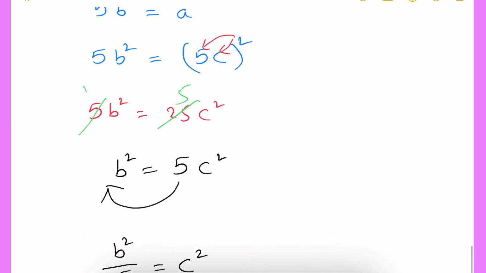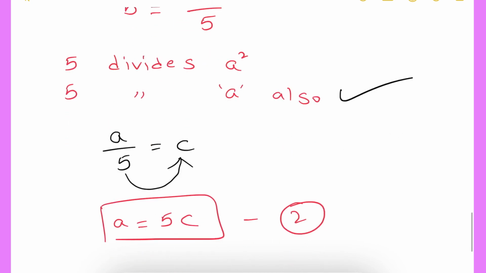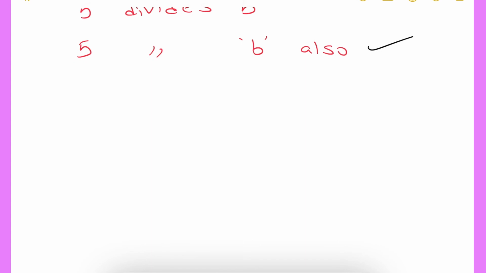So now in the previous step we got clearly 5 divides a, and here 5 divides b. So from these two I will write it as 5 divides a and b.